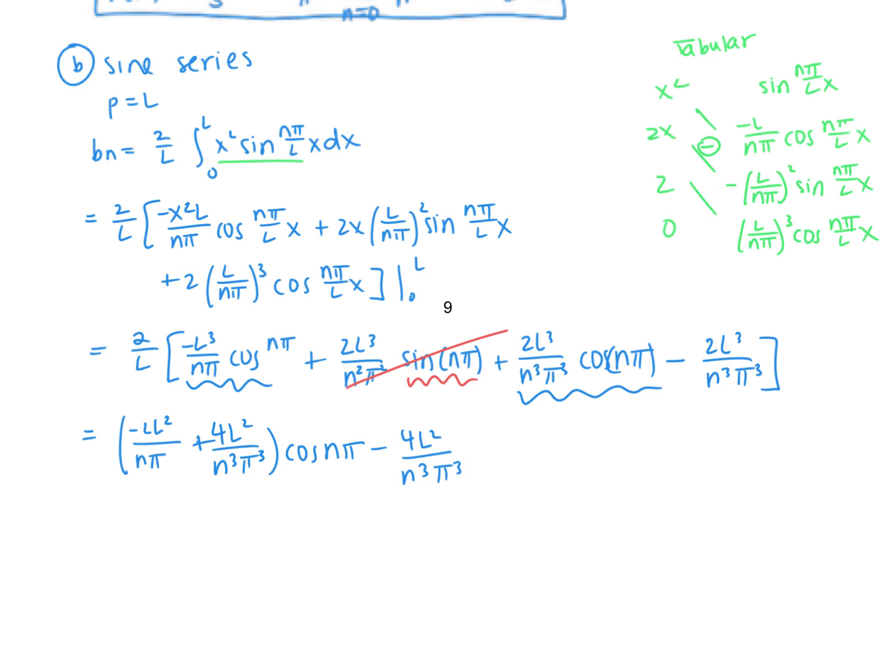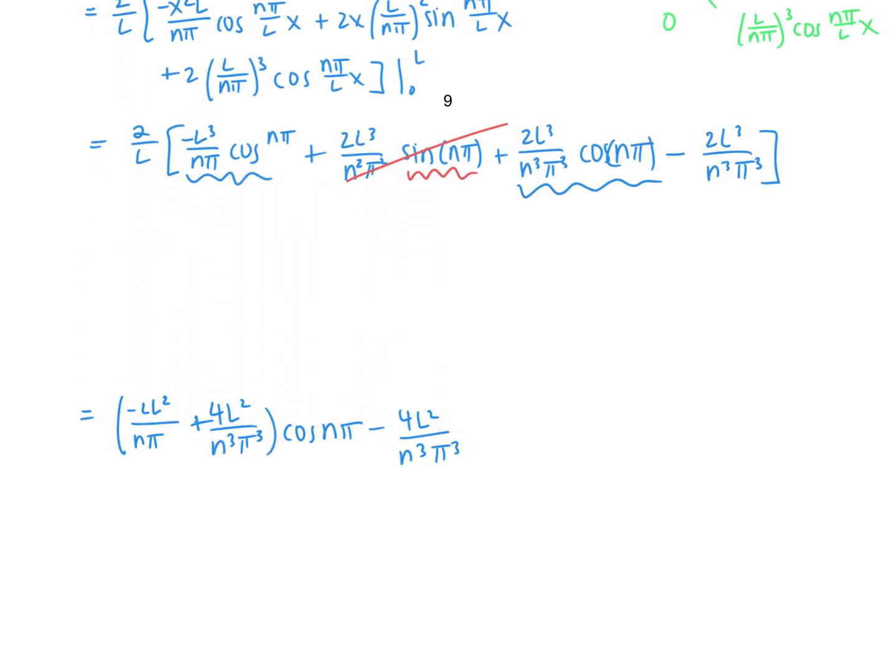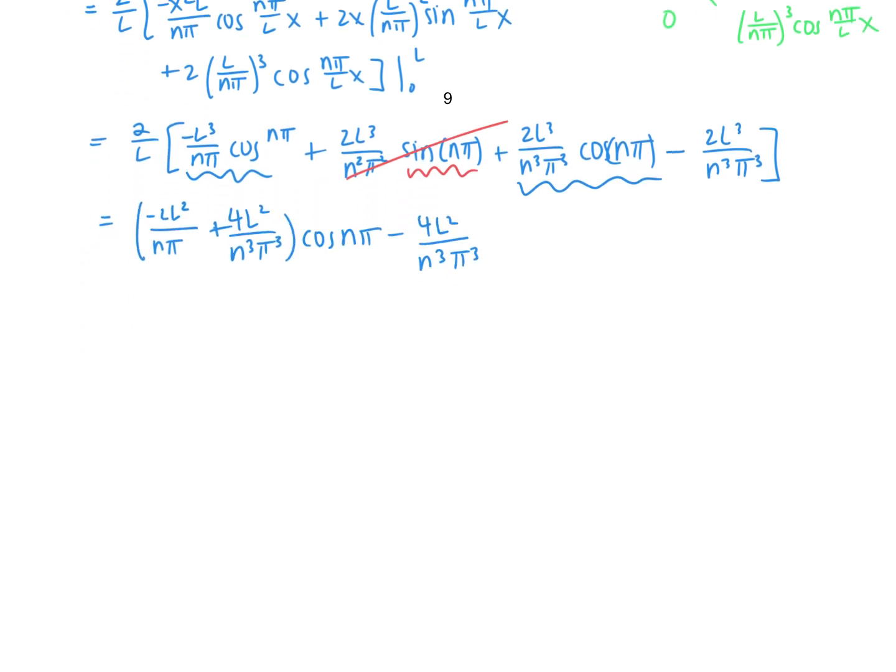Okay, we're going to do a little bit of nice simplifying here, so let's see how it ends up going for us. One thing that I notice is I have this 4L squared over n cubed pi cubed and also this one. So if I could get those two terms together, that would be convenient to me. So what this is going to end up giving is negative 2L squared over n pi cosine of n pi.